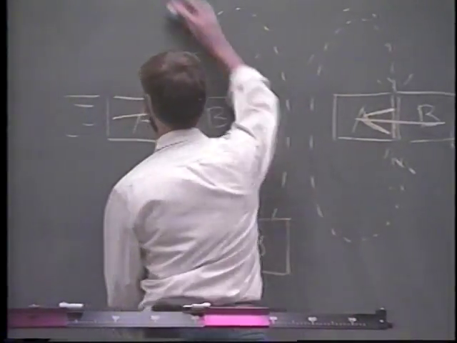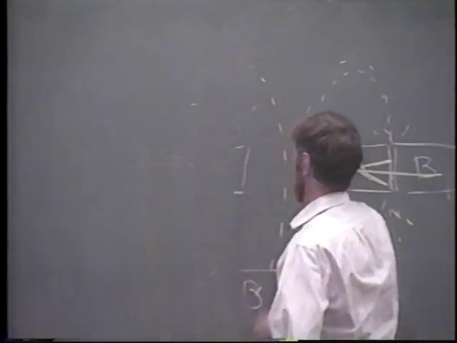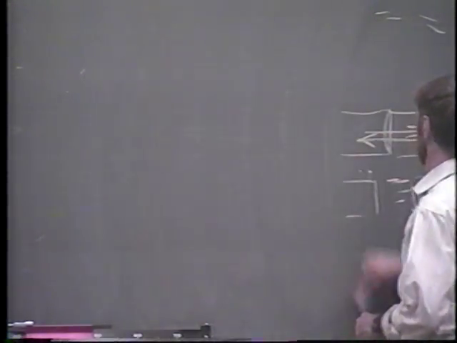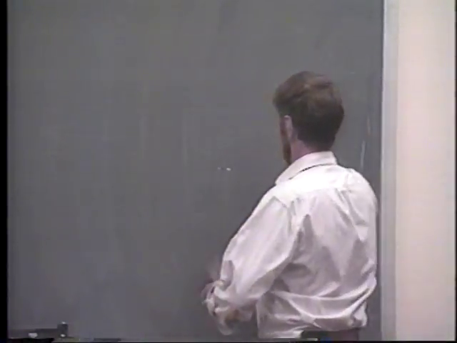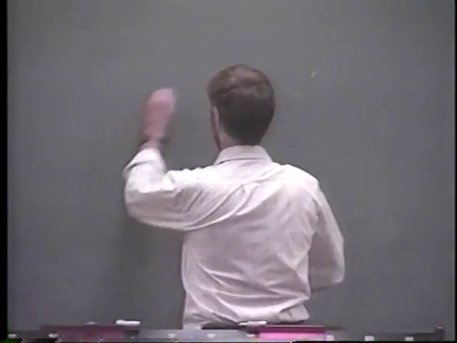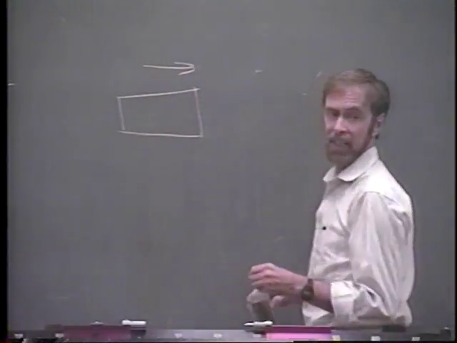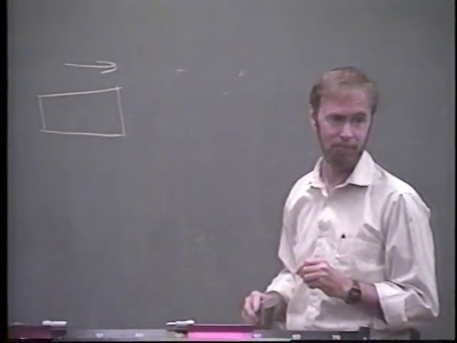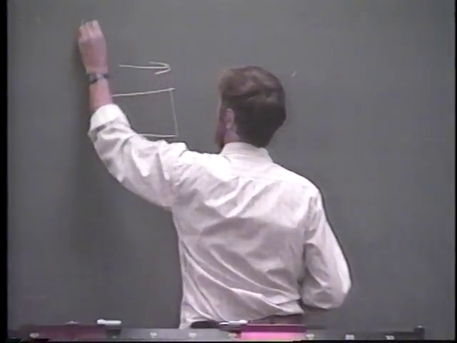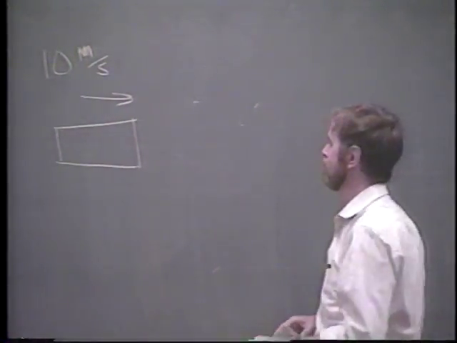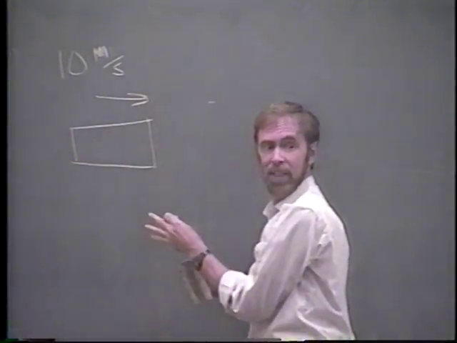We can assume that they have the same mass. In this case, they have the same mass. You've got one car coming in with a speed. Let's suppose the mass is 1 kilogram. So it's coming in at 10 meters per second. Let's just make that up. Okay? And it has a mass of 1 kilogram.